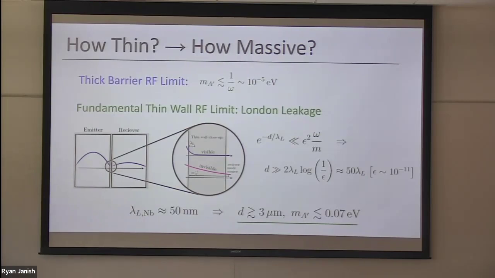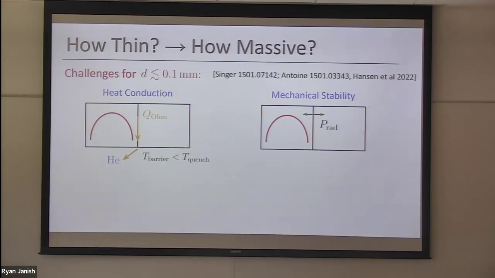So there are other practical concerns. One is that a thin barrier doesn't conduct heat very well. So there's a conductor right here. There's still some ohmic heating due to this field right next to the conductor. That heat needs to get out to the outside of the system where there's going to be liquid helium to cool it.